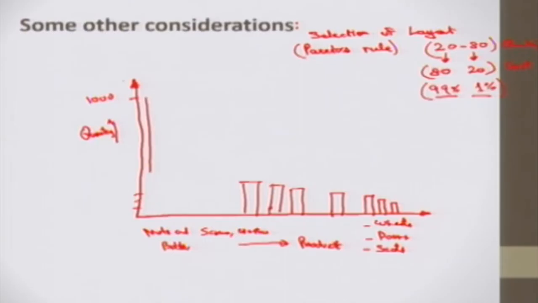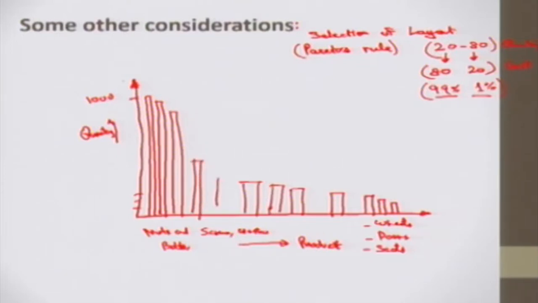So here we would have these many number of components. A general rule is there that for more number of components, what do you suggest?